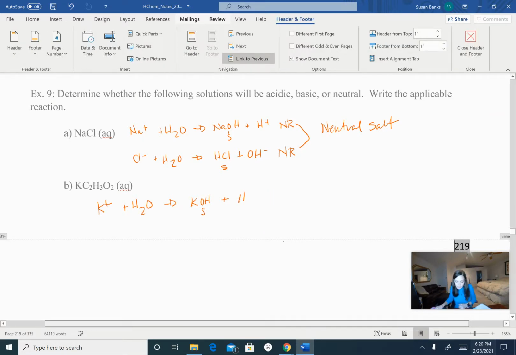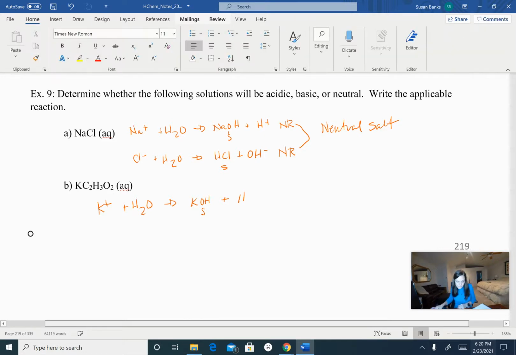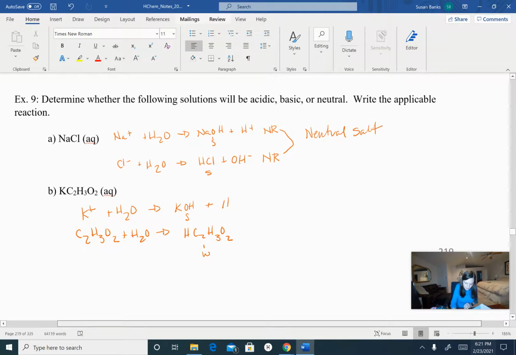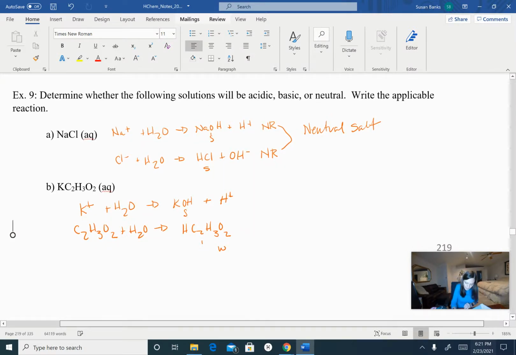Let's look at acetate plus water. We will make acetic acid, which we know is a weak acid. So that will stay together, right?